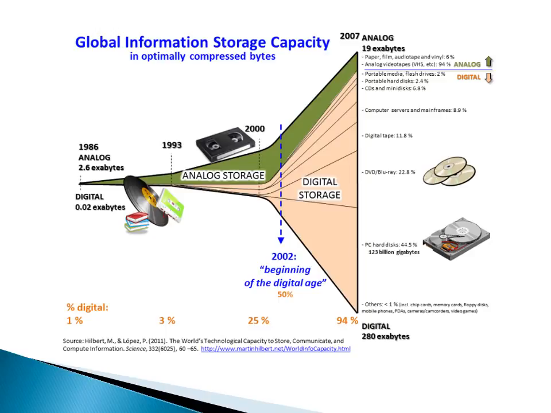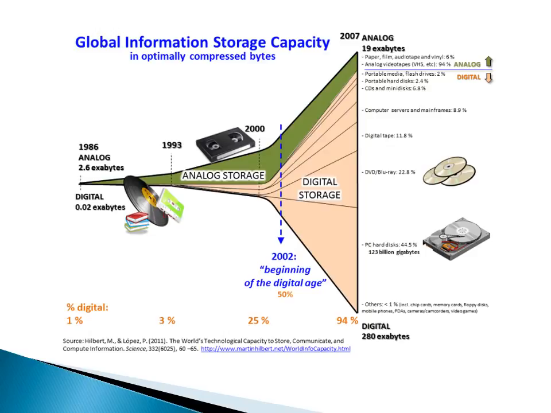If you fast forward 7 years, we move to 1993, and we see that there is some growth in terms of the digital capacity. It grew from 1% to 3%, but it's just kind of growing at a steady rate. There's no major explosion. However, from 1993 to 2000, that's where we saw a lot of big changes in the landscape. We saw computers going from 286s to 386 to Pentiums.